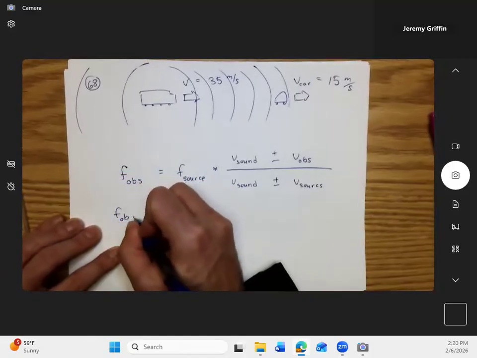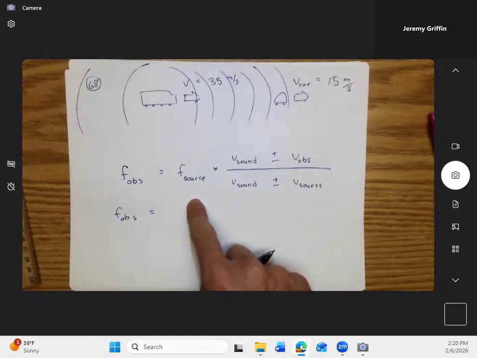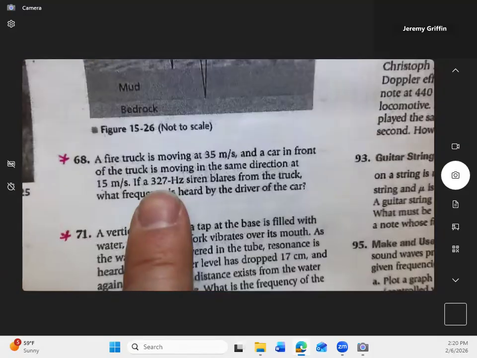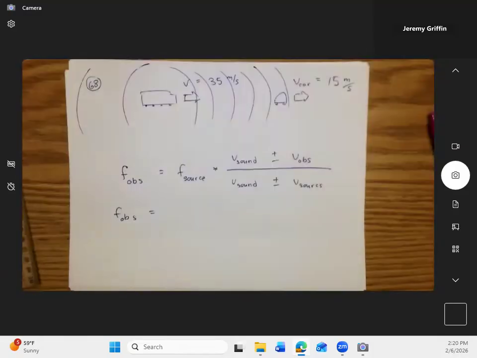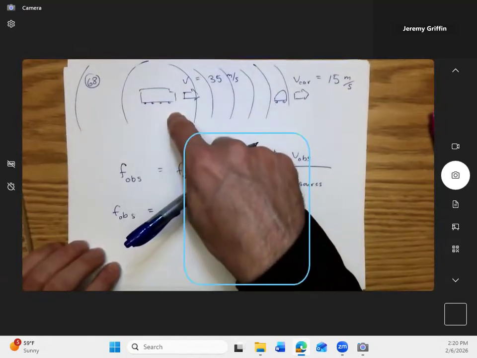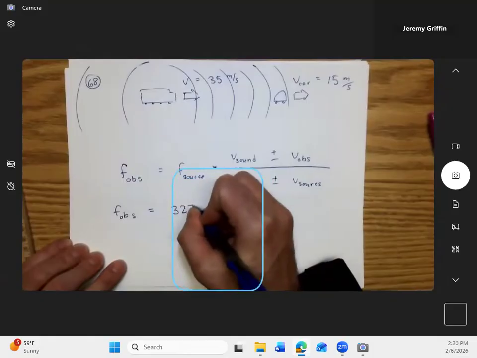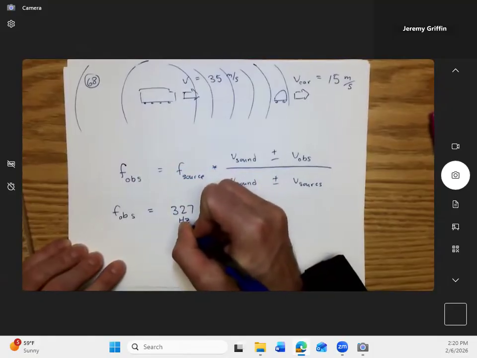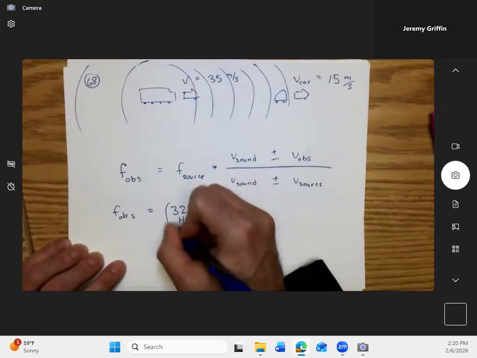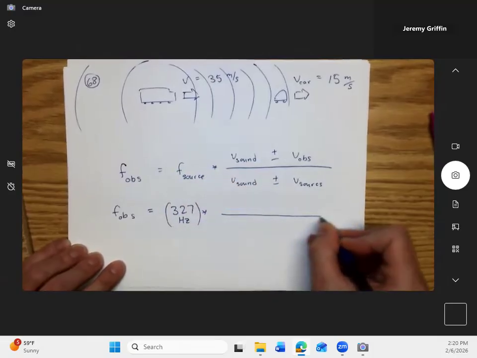So the observed frequency. Now, your book told you the source frequency. It says 327 hertz right there. So if this truck is parked and everybody's stationary, everybody agrees it's 327 hertz. That's the source frequency. We're going to multiply that source frequency by some fraction.